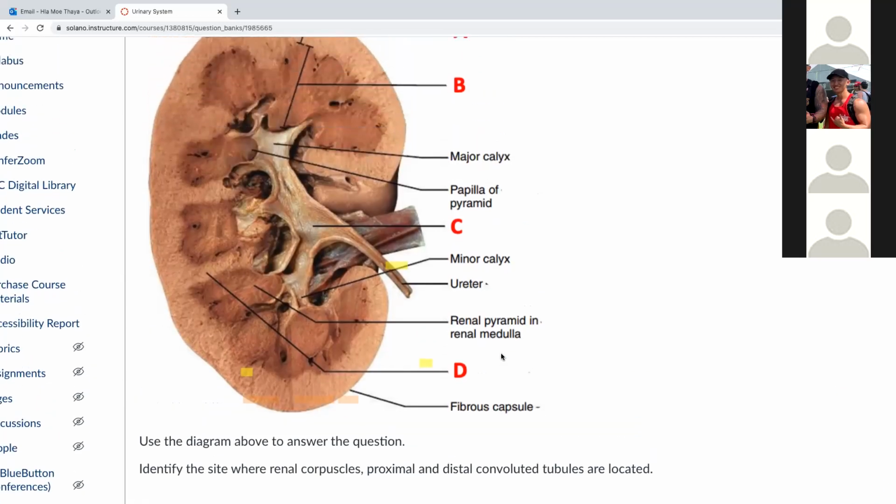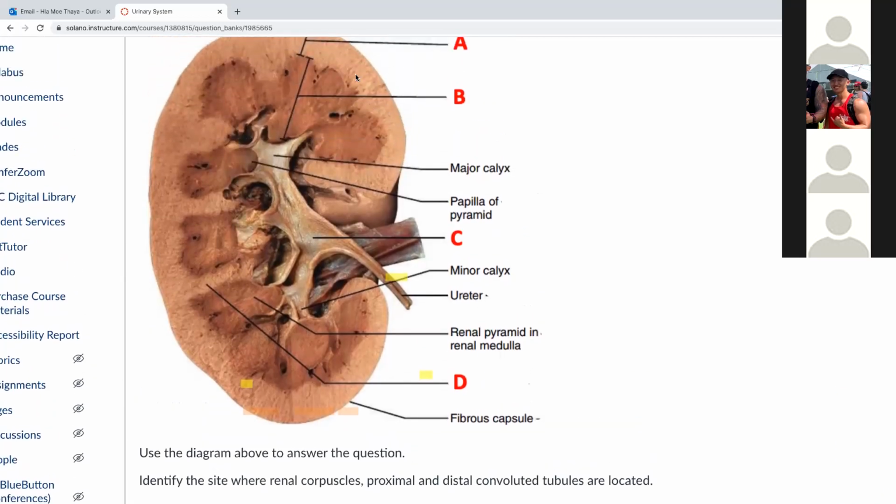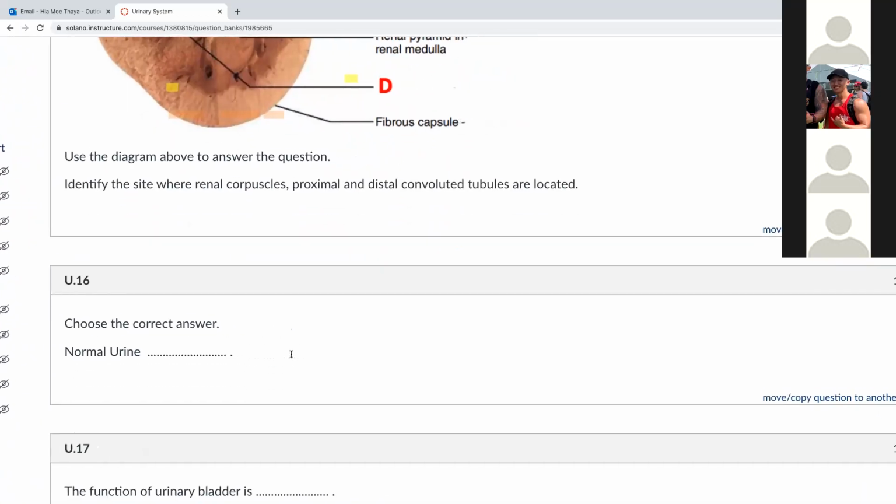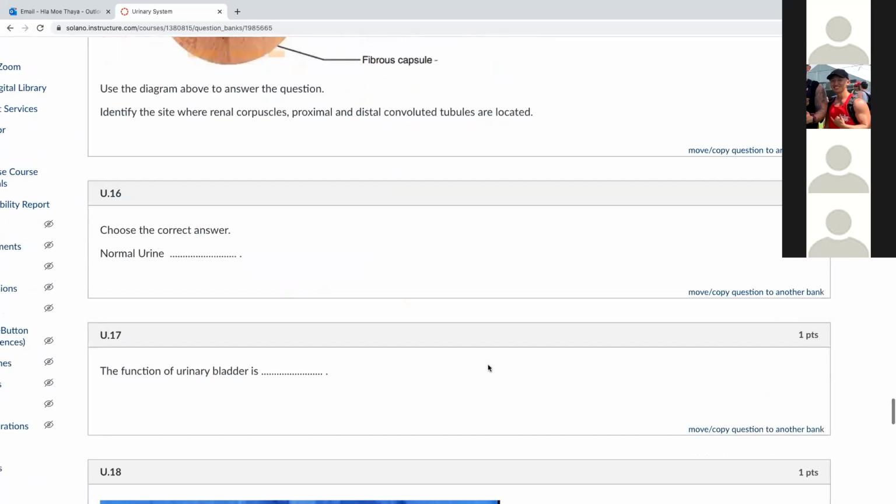So where are they? They are inside the renal cortex. So the answer will be renal cortex, isn't it? Hey, here, normal urine.